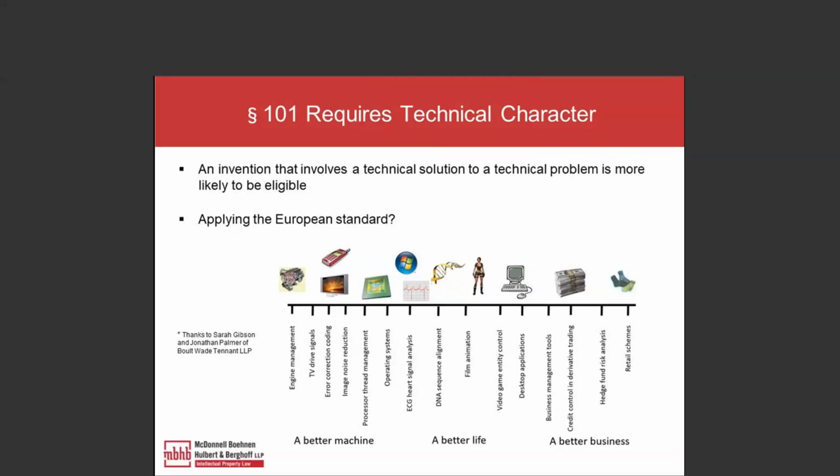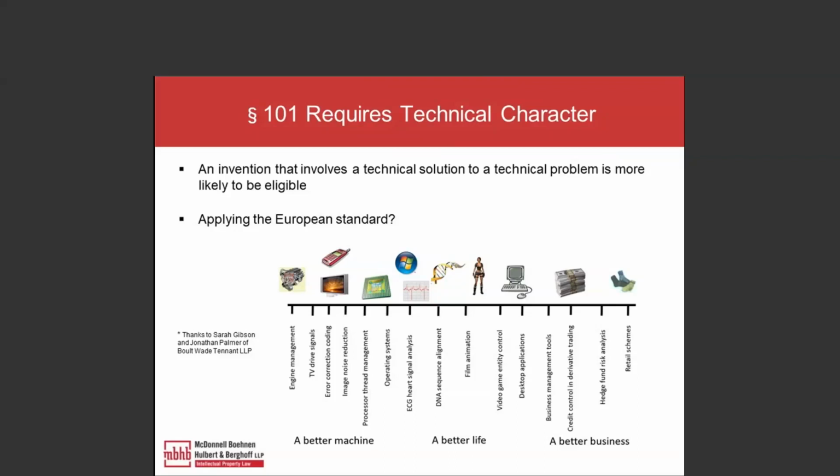Those are pretty clearly technical. Processor thread management, sure. On the right, on the other hand, you've got retail schemes, hedge fund risk analysis, derivative trading. Those are business problems, and those, as I mentioned before, are considered non-technical, even if you're going to use a computer to solve them. The problem itself is considered non-technical.